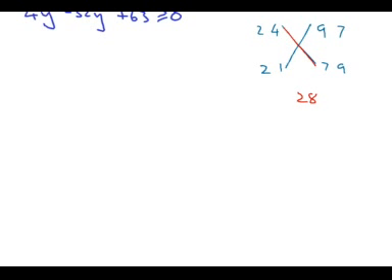Okay, 4 times 7 is 28. 1 times 9 is 9. 28 and 9 is not going to give me 32. Alright, so let me then multiply the 4 and the 9 and the 1 and the 7. That's going to give me 36 and 7. That's not going to give me 32 either.